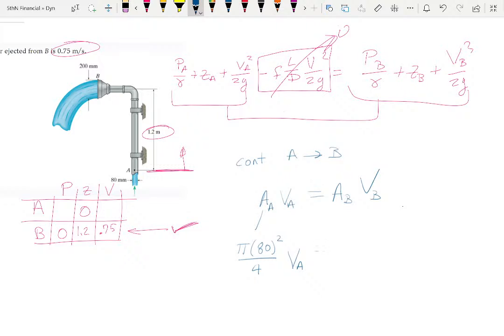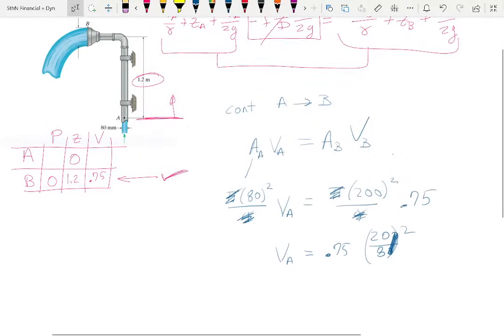I know B, equals pi 200 squared over 4 V_B, but I can insert the value for V_B. Then I can get rid of that, and I can say V_A equals 0.75 times 200 over 80, or 20 over 8, squared. What is that number? I'm sorry.